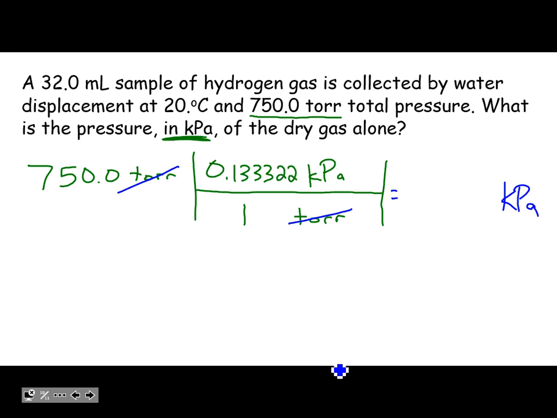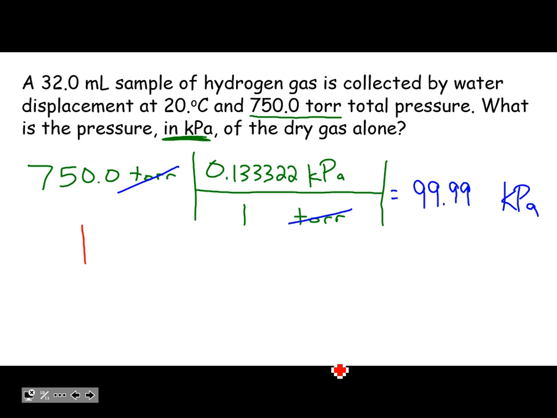So I'm going to take my 750 and multiply that by 0.13332, and I get a value with 3 or 4 sig figs, 99.99 kilopascals. So I've converted this into kilopascals.